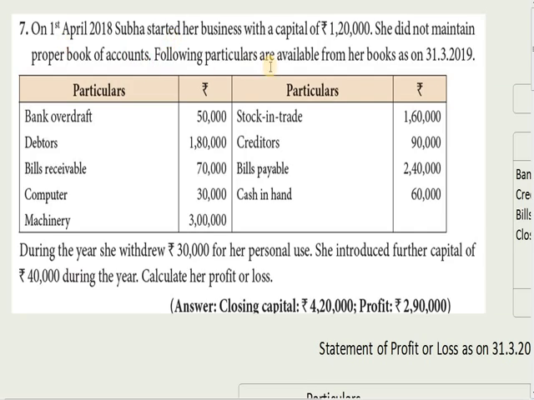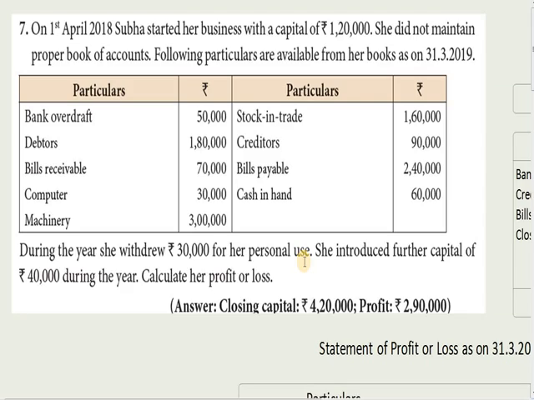And from the table given below, we can understand that they have given a list of assets and liabilities as on 31st March 2019. And from the information part given below the table, we can understand that the amount withdrawn for her personal use, rupees 30,000, is her drawings. And the amount introduced as a further capital, that is additional capital.